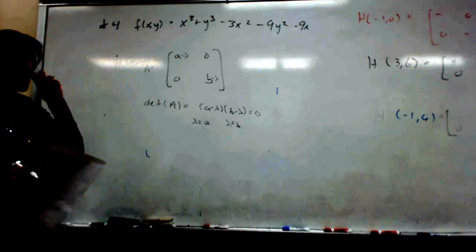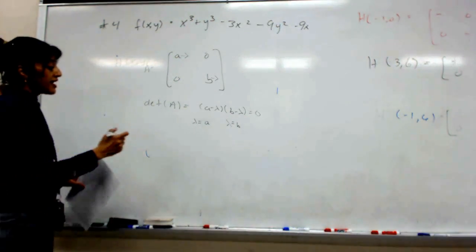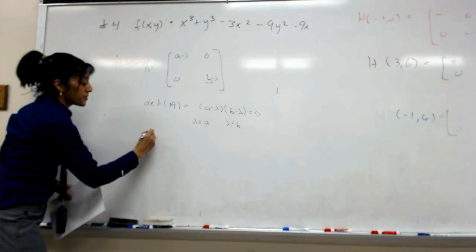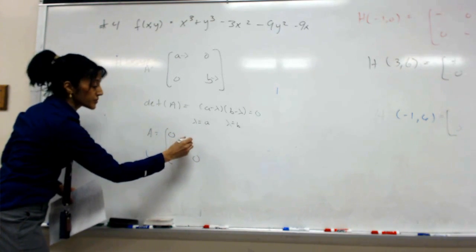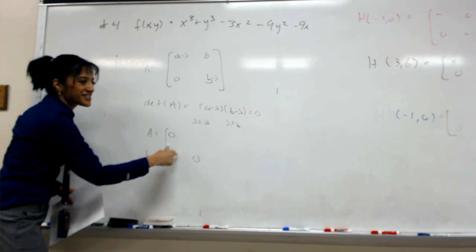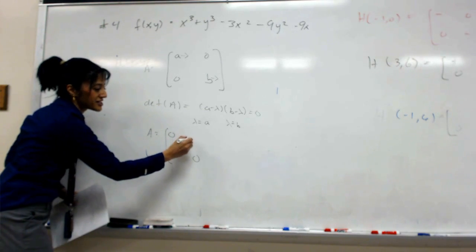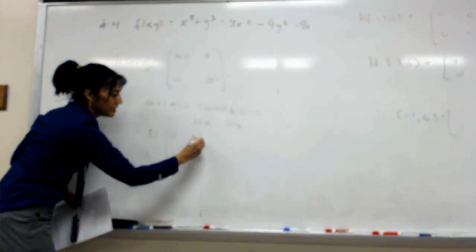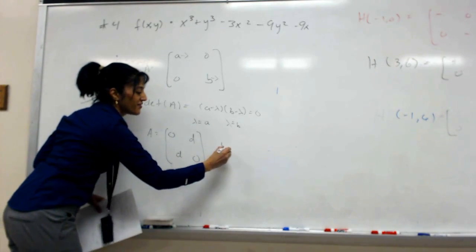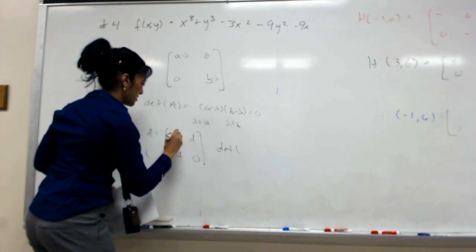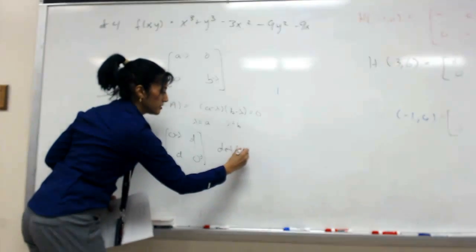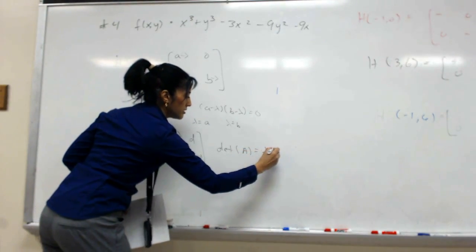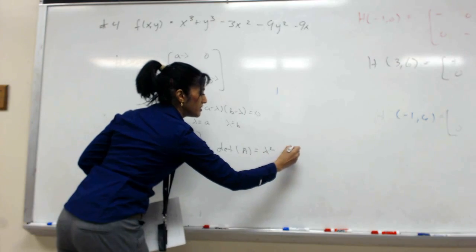So that only works when you've got zeros. Right. Now, if you have zeros on the diagonal, and here you had numbers, usually it's the same number because these mixed partials are exactly the same. So let's say you had D here. Then the determinant of A minus lambdas is going to give us lambda squared minus D squared.